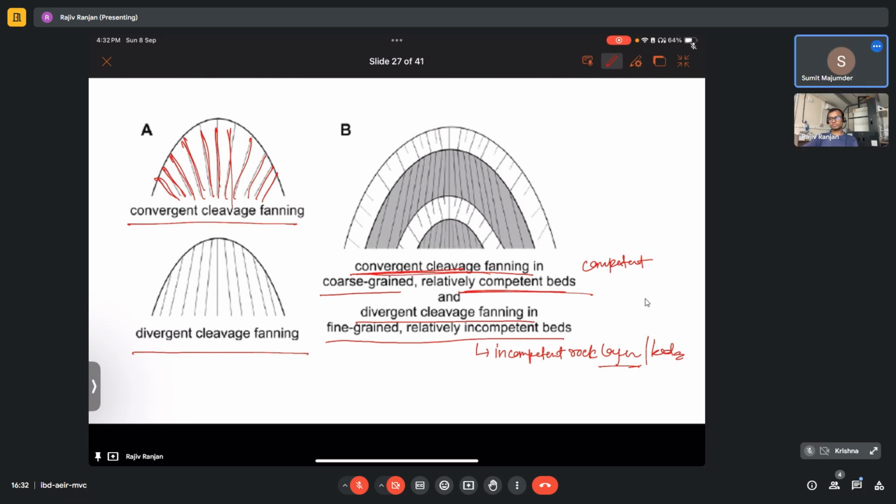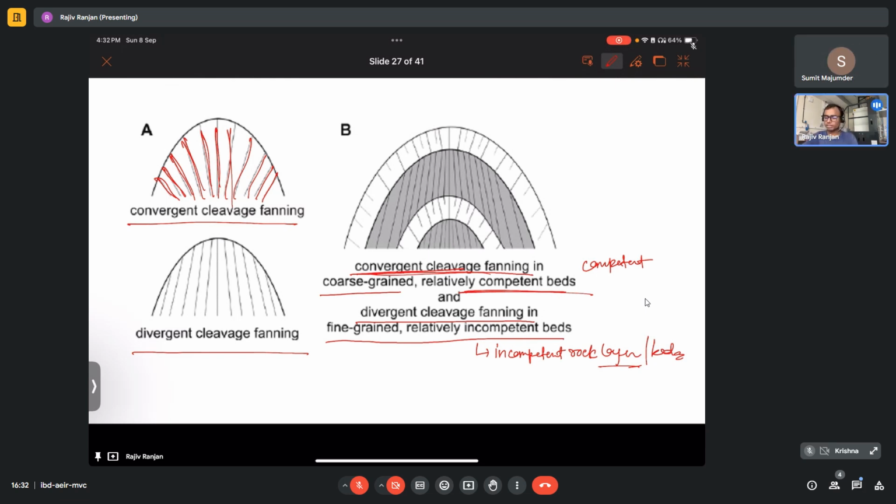Convergent is more, sorry, less competent. Hmm. No, no. Convergent is compressing more. That means... I'm not getting the idea.